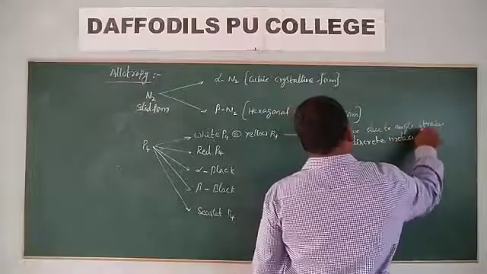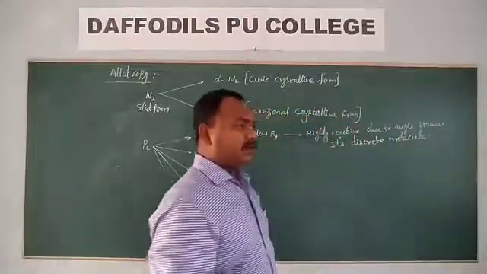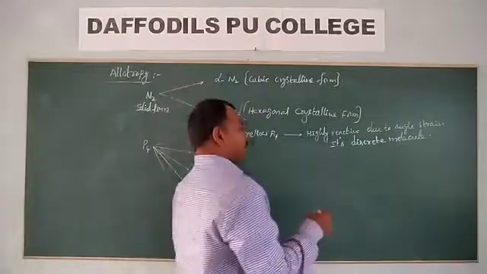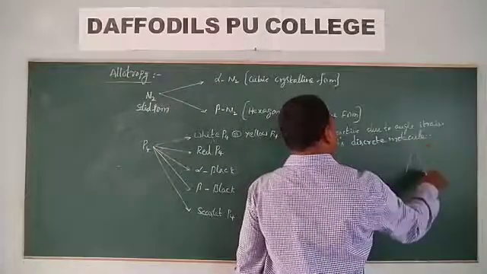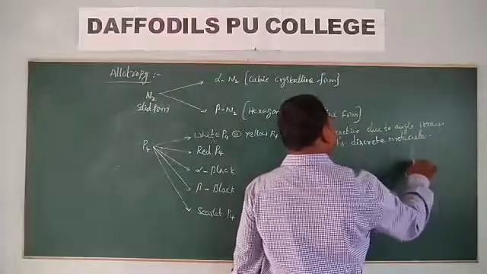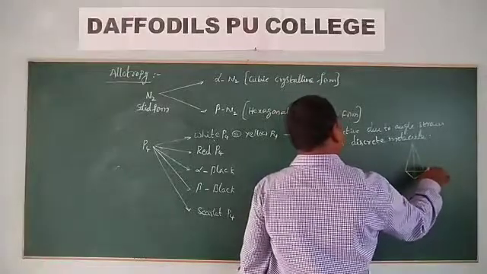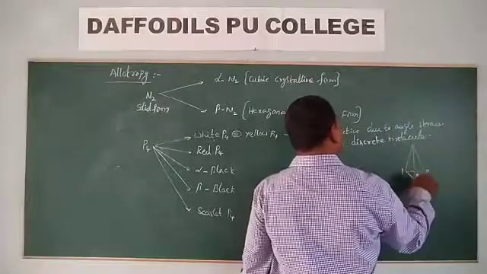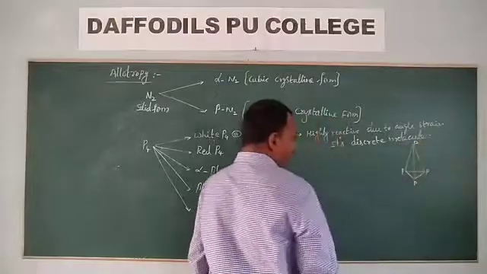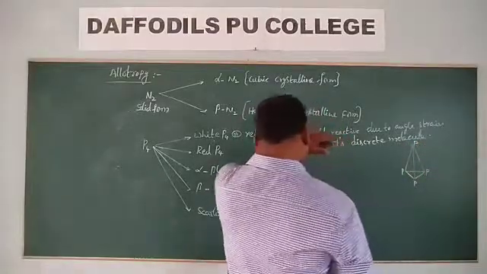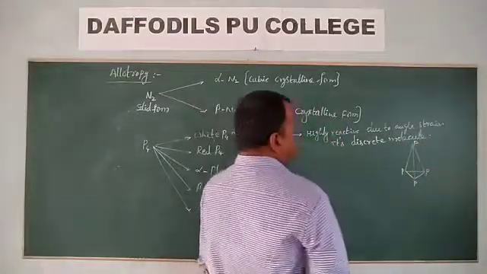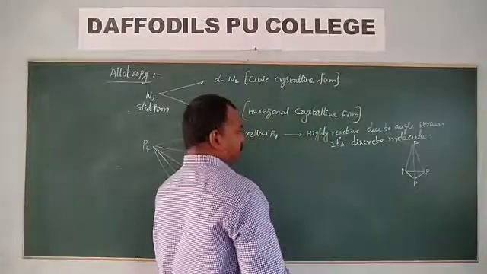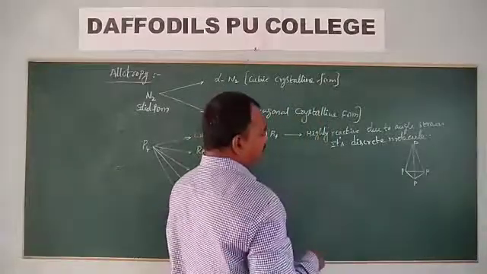Discrete molecule means phosphorus is available as a single molecule. So the P4 molecule is present like this. Each corner contains one phosphorus atom.